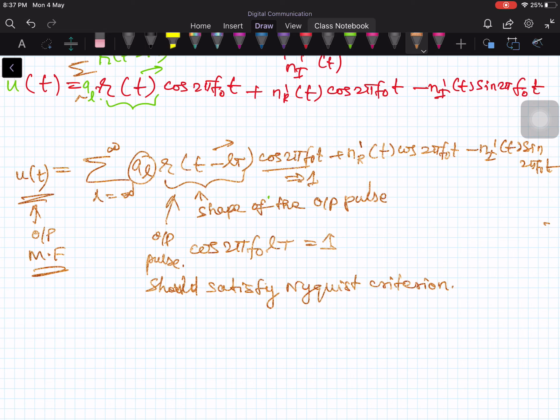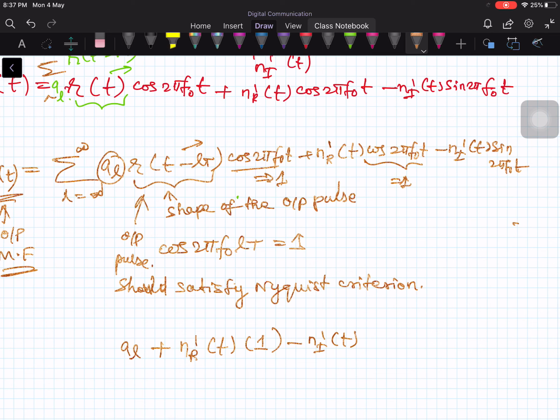And therefore A sub L is going to occur here, so A sub L plus, and anyway this whole thing is going to be 1, then n sub r dash of t times 1 minus n sub I dash of t times, when cos of 2 pi f naught LT is equal to 1, then sine of 2 pi f naught LT is equal to 0.